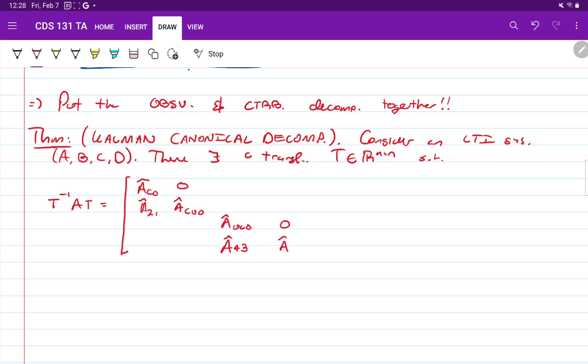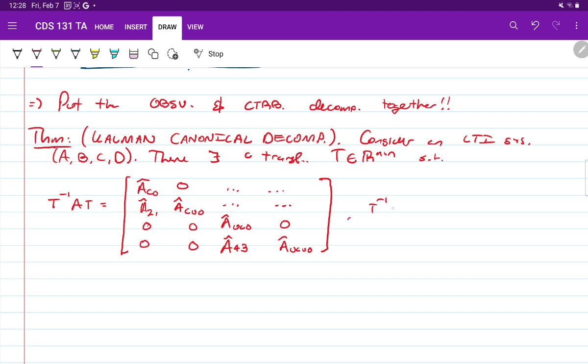Finally, in our bottom corner, A hat uncontrollable and unobservable, the worst. Then we have some extra blocks up here, and over here we'll have 0, 0, 0, 0.